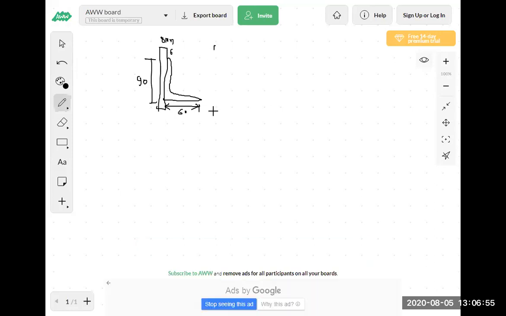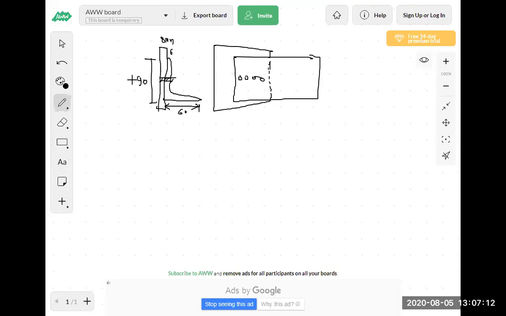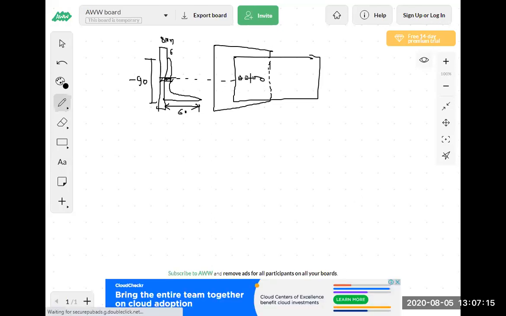And I think 4 bolts they have connected. So we have provided 4 bolts in one single row.